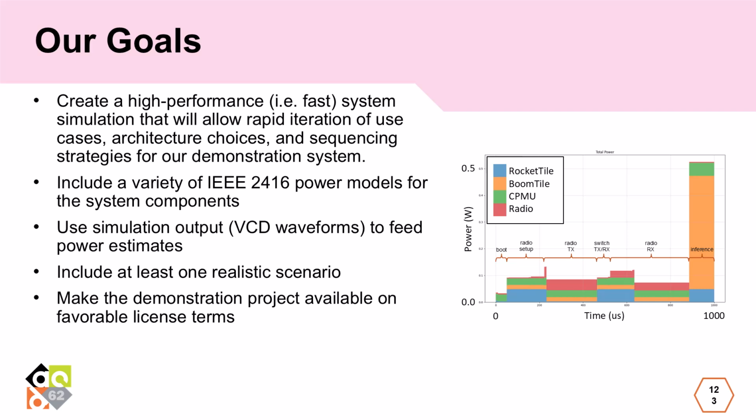Then, as more detailed simulation models become available, you can rerun a subset of those scenarios with the more detailed models, make sure that the assumptions you made in your abstract models are correct, and refine them if needed. And since your 2416 models will easily scale in detail and complexity along with your functional models, you can check your assumptions in power budgeting as well.